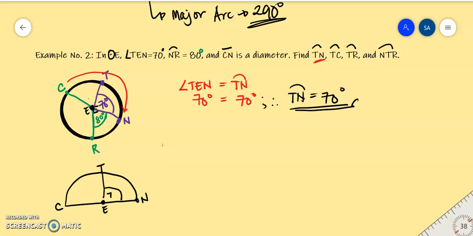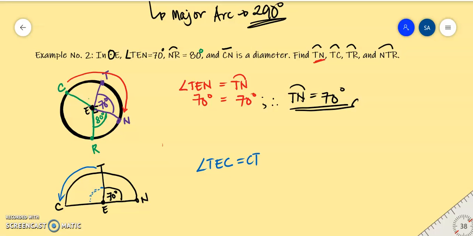The measure of our central angle TEN is given. If we continue the measure of this angle, we form 180 degrees because this is a semicircle. Now, let's find the measure of arc CT, since angle TEC is equivalent to arc CT.